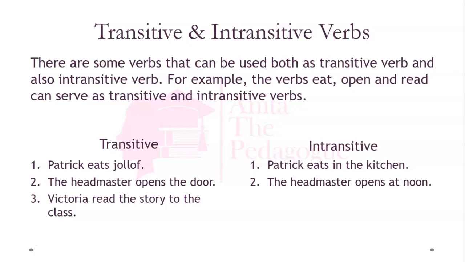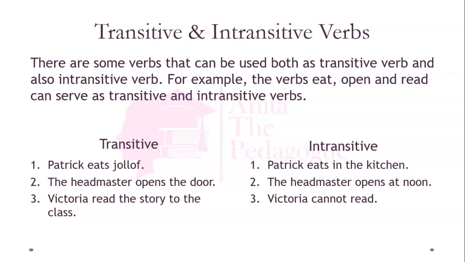But let us look at it in the intransitive section: Victoria cannot read. Here, the verb read is not followed by a noun group or an object. And so here it is serving as an intransitive verb.